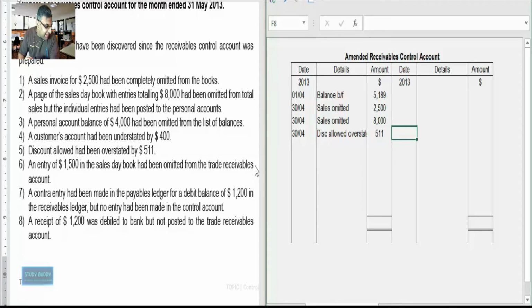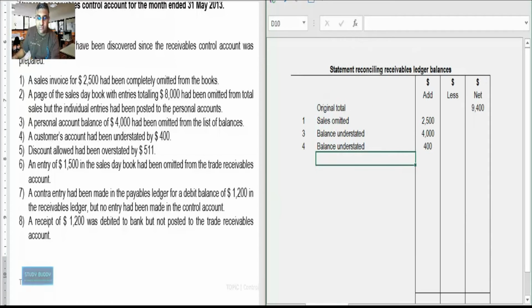The entry has been made in the sales daybook but omitted from the trade receivables account. Hence, the correction has to be made only in the statement of reconciliation. So we add back the amount that we missed, 1,500. This is error number 6. So that's an entry omitted.